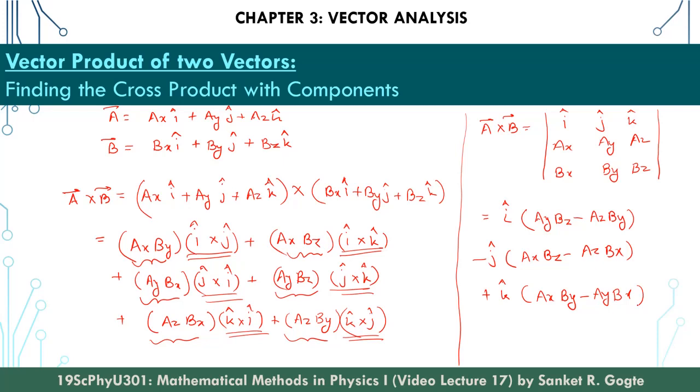So by calculating this determinant, you can find the cross product between the two vectors, and the cross product is governed by the rules of calculating matrices. Therefore it is easy to show that A cross B should be equal to minus B cross A. Why? Because for this determinant we have to interchange the rows once, and when we interchange rows once for a determinant, the value of that determinant is reversed in sign. So this is how you can find the cross product of two vectors.